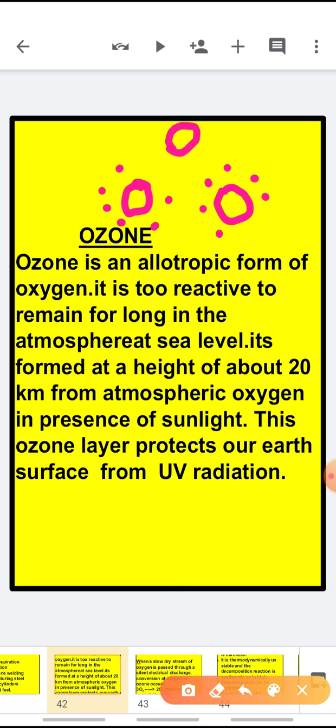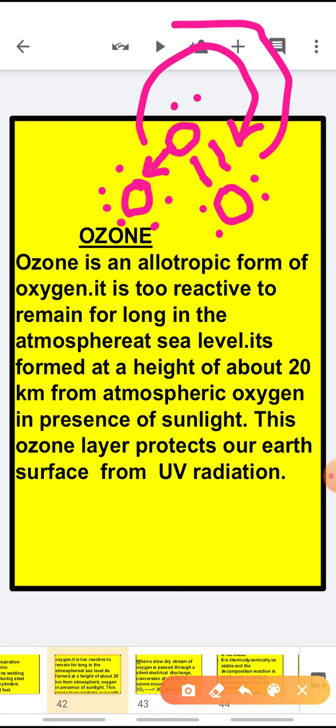Now for this oxygen, 2 atoms will be forming single covalent bond. That means a double covalent bond with this oxygen, and the third pair of electrons will form a coordinate covalent bond, and this bond can go to this side and this bond can go to this side. So it shows resonance, which makes it stable.